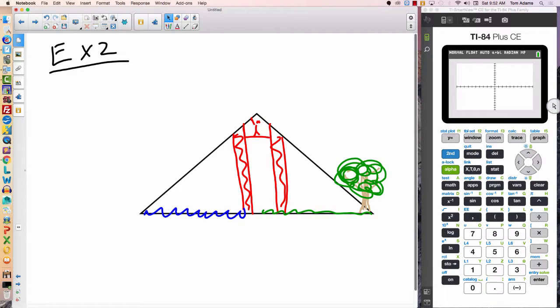And what he would do is he would basically use the corresponding parts of congruent triangles to determine the distance from the ship. So there'd be like a ship out here, or a sailboat.